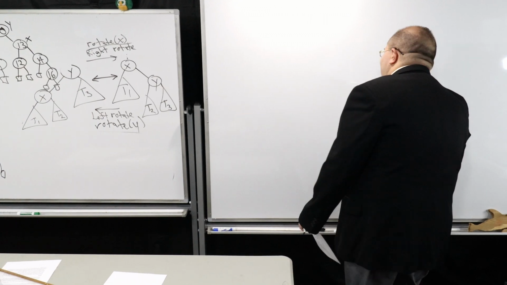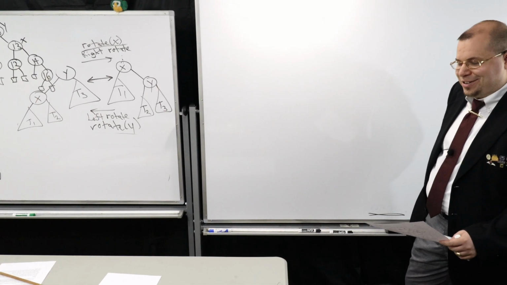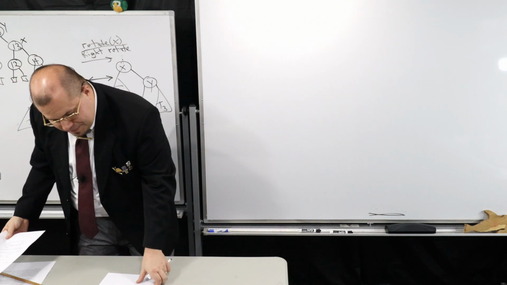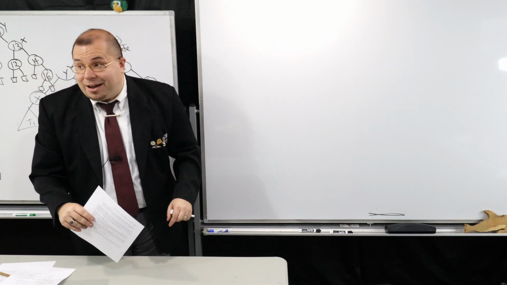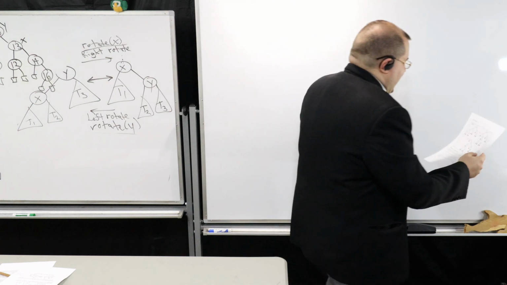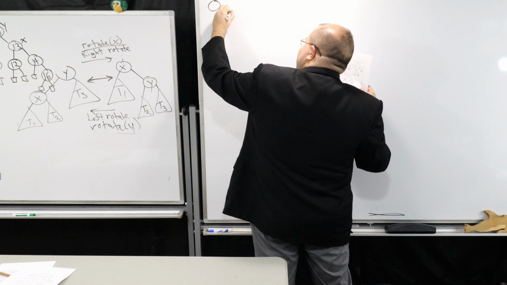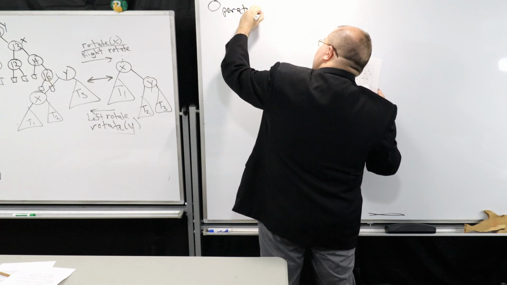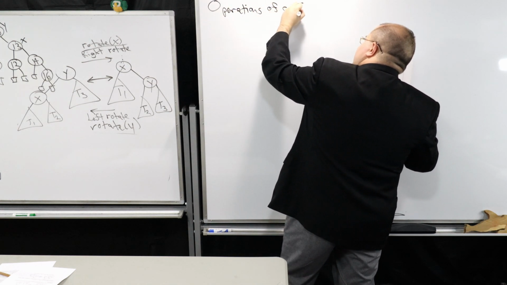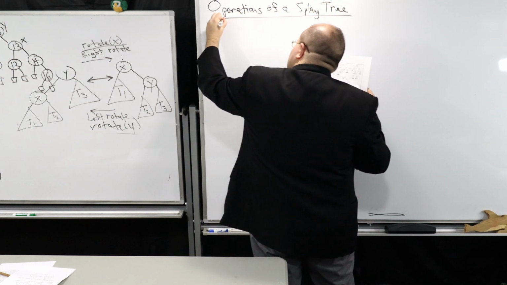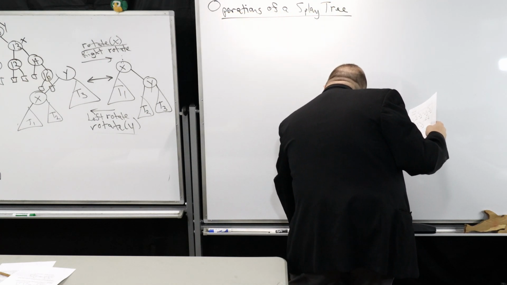That's what makes it so appealing as a data structure. So let me describe how we pick X, because remember, I told you there's this node X. Let me talk about the operations of a splay tree. I have to tell you what X is.